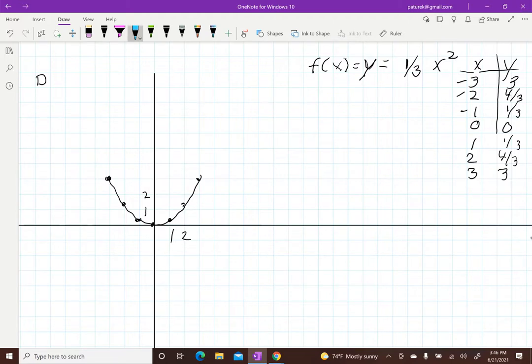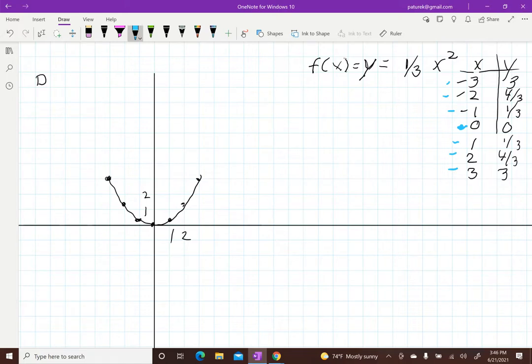So for each value that I put here, x equals 0, 1, 2, 3, -1, -2, -3, for every one of those values that I put in for x, I can go ahead and evaluate and get out some value for y.